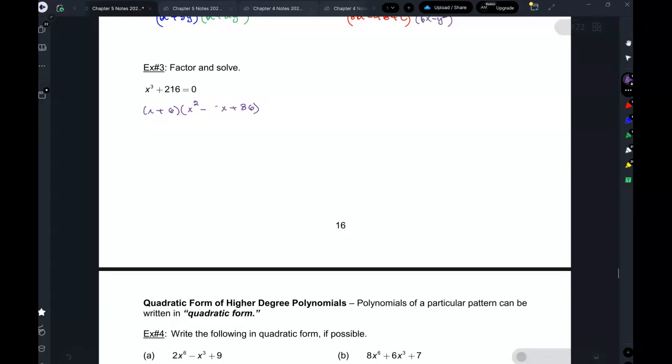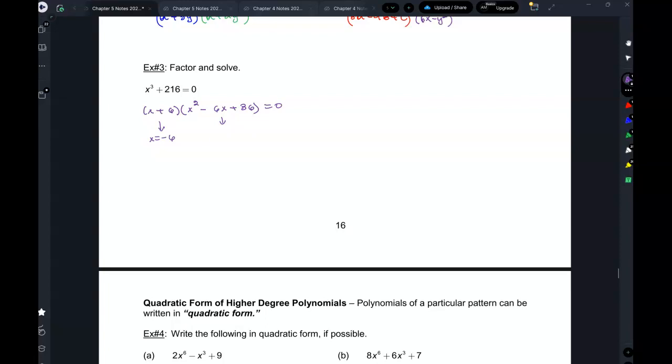It should be minus 6x plus 36 equal to 0. Okay, this gives me x equals negative 6. Okay? Here, that can't factor.